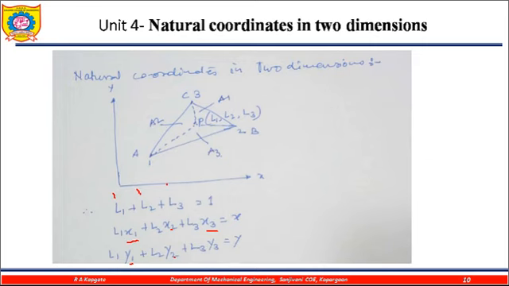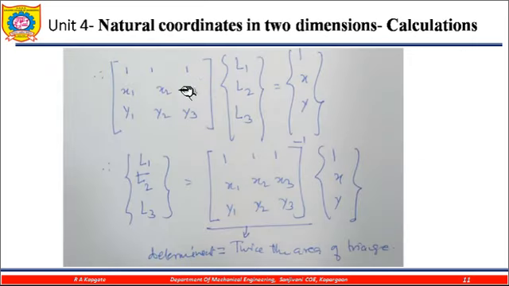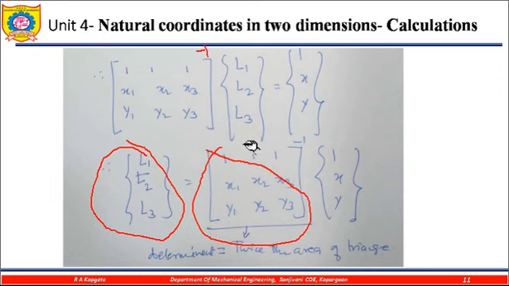These terms I am writing into matrix form: the matrix with rows 1 1 1, x1, x2, x3, y1, y2, y3, multiplied by L1, L2, L3, is equal to 1, x and y. So my L1, L2, L3 is equal to the inverse of this matrix multiplied by 1, x and y.